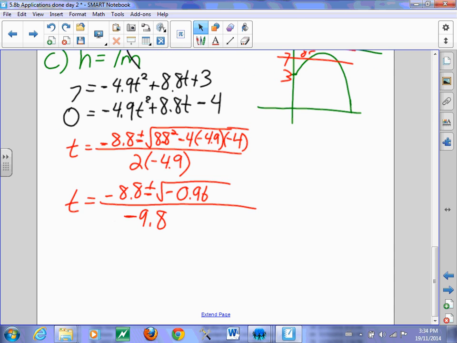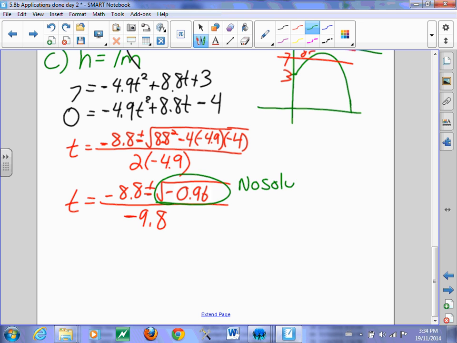Hopefully you recognize, uh-oh, got a problem here. If not, you would get to it when you were trying to plug in your calculator. But whenever you see a negative in the square root, there's going to be no solution, because there's a negative under the square root. So because of that, does she actually reach 7 meters?